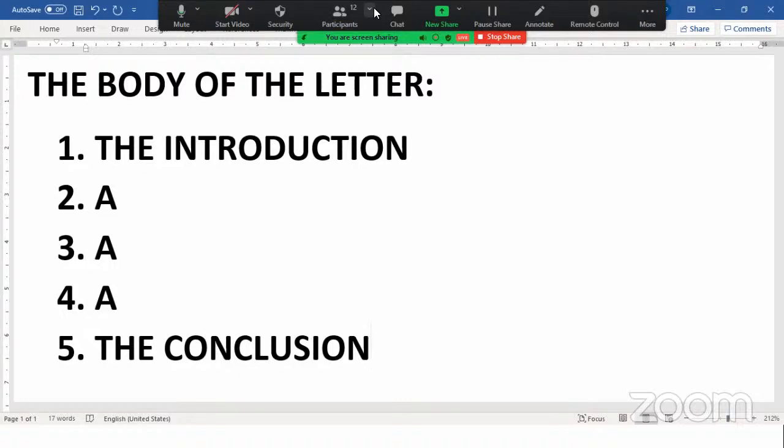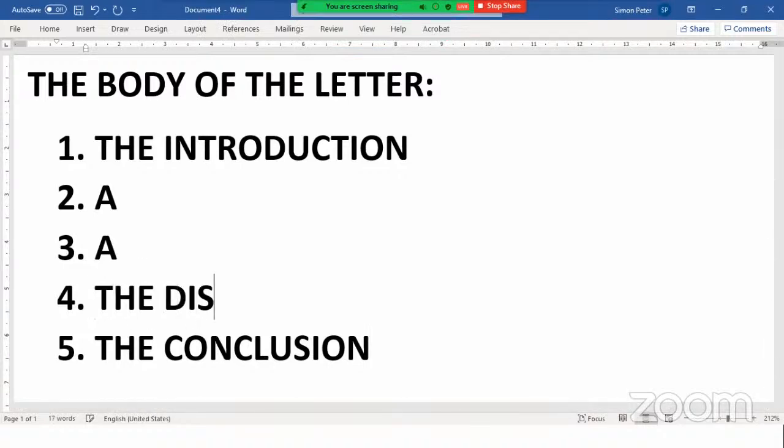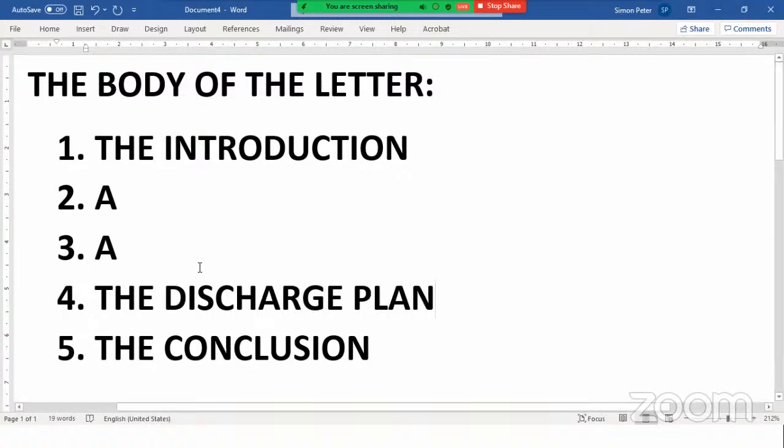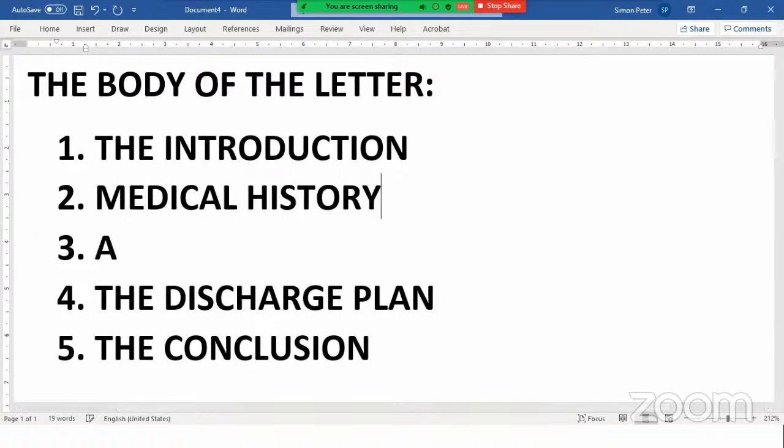And then here will go the discharge plan. You can write here the medical history.